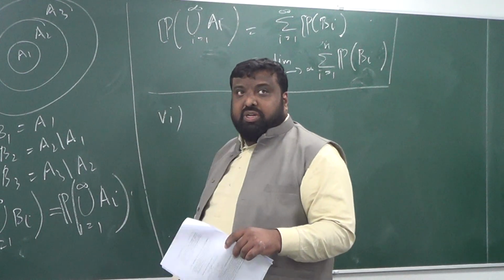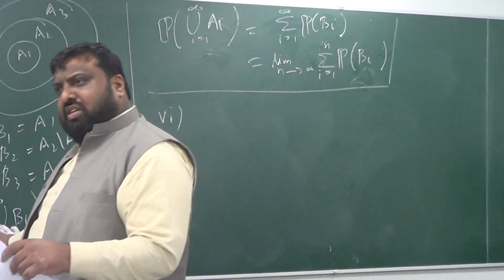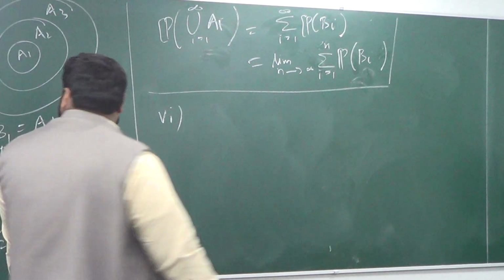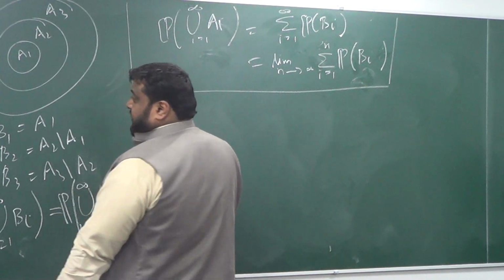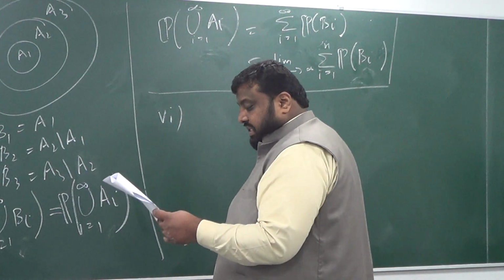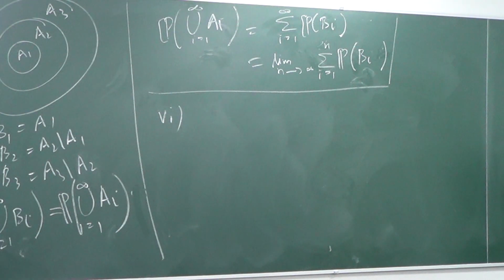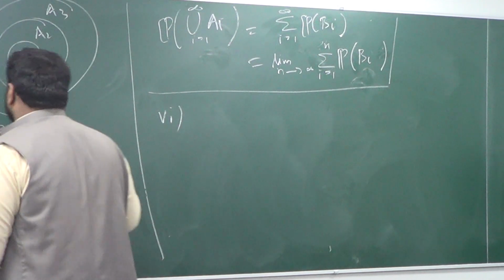What is the sixth property? So I'll end on this seventh property and the last property. I'll not go further. Maybe if you wish I can do one example of the things. The sixth property is this, that I can generalize this finite subadditivity to the countable subadditivity now.